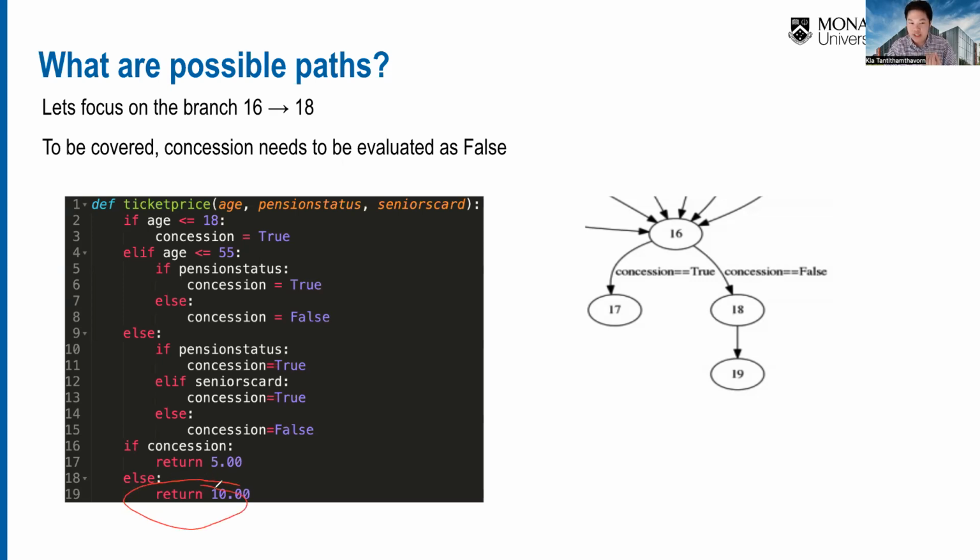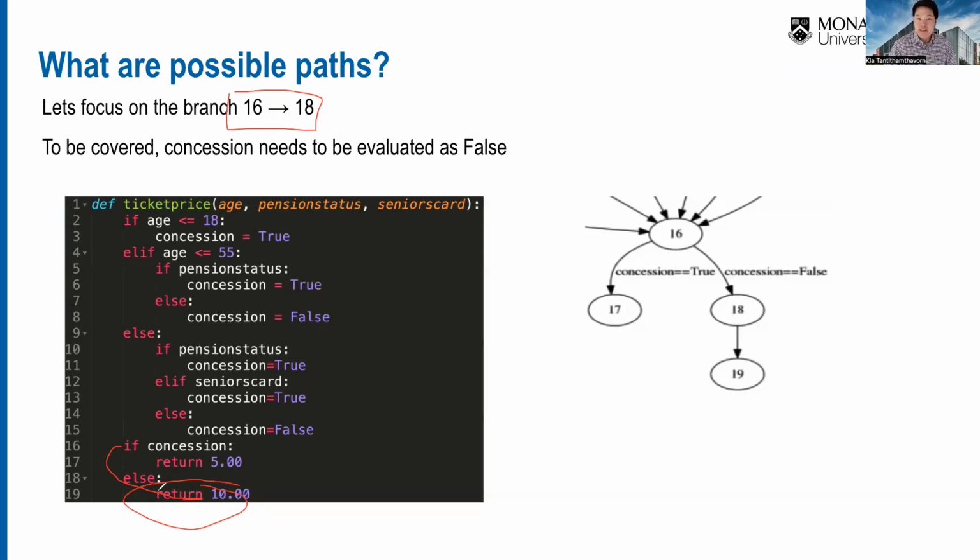The ticket price should be 10. But what are the conditions? What are the feasible paths? Based on this program, what we know is that we want to reach lines 16, 18 and 19, okay? This is what we want.